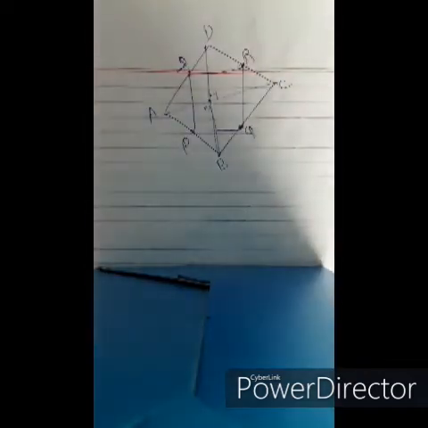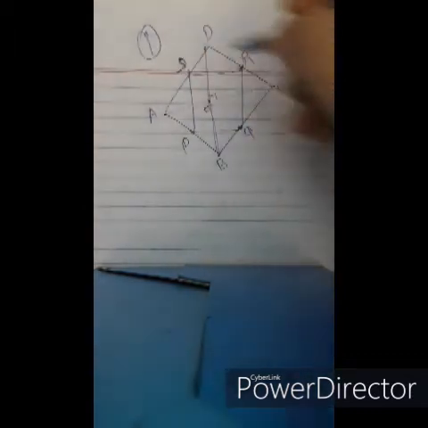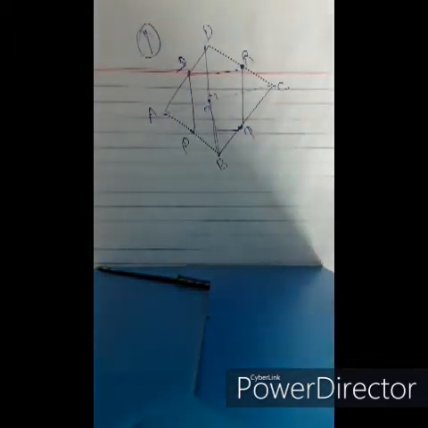Coming back, let's take a look at a few examples regarding the midpoint theorem and the intercept theorem. So let's take this problem. Suppose it is given that ABCD is a quadrilateral.